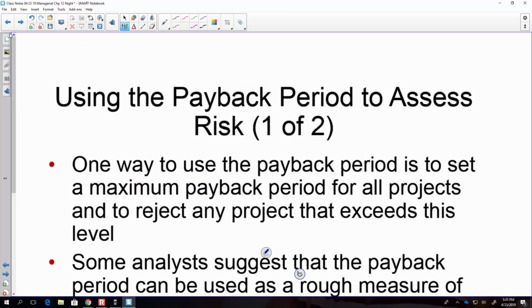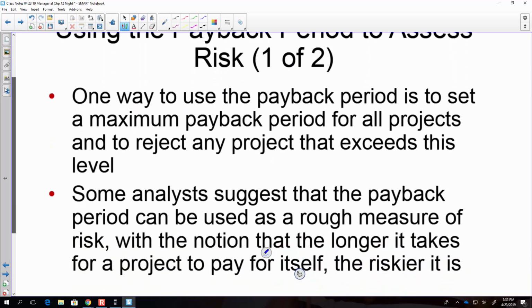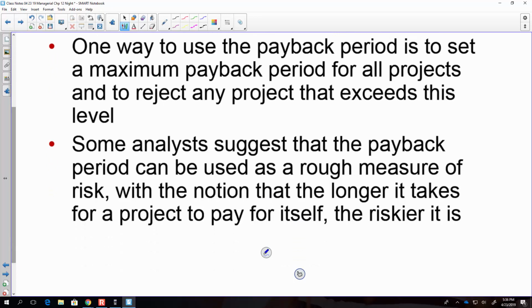Now, the use of payback is quite common, like I said, especially for non-accountants. There are some problems with it. For one, it doesn't look beyond the payback period. Oh, before we get to that, payback is a rough measurement of risk. The longer the payback, the riskier the project.